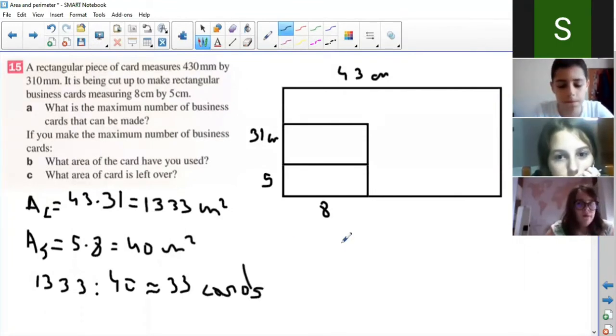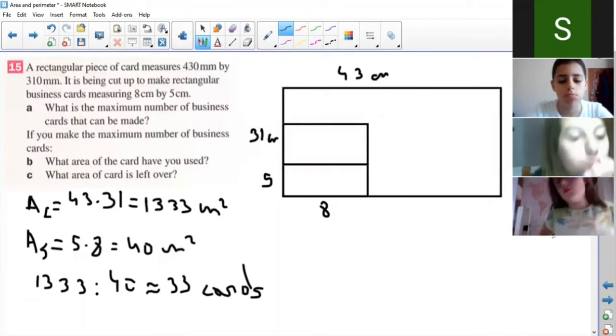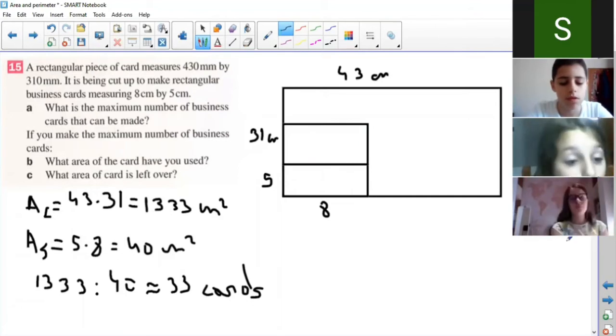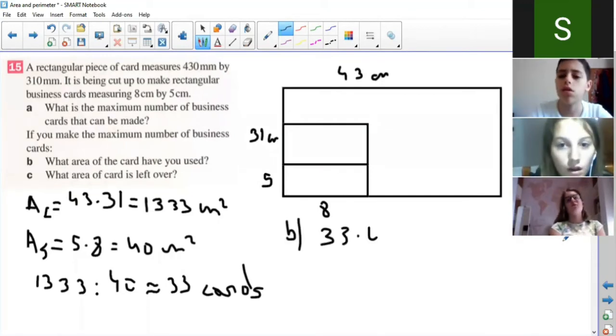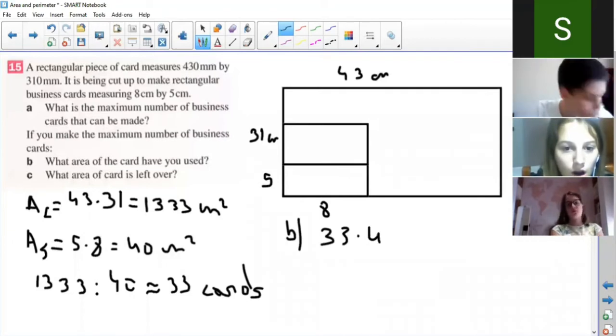What area of the card have you used? Since I have taken 33 cards, and one card has the area 40, what area have we used? 33 times 40. One card has the area 40.